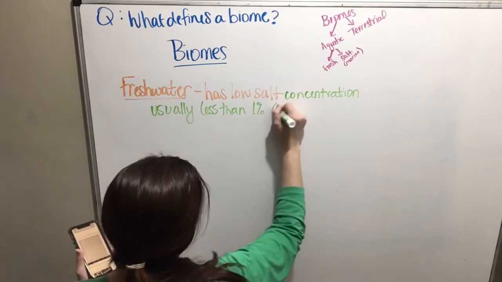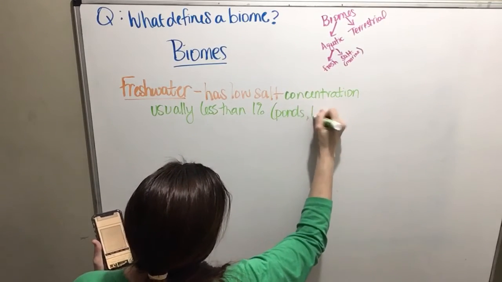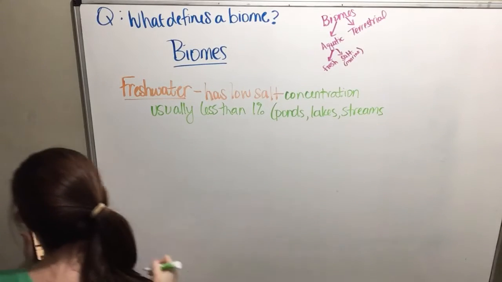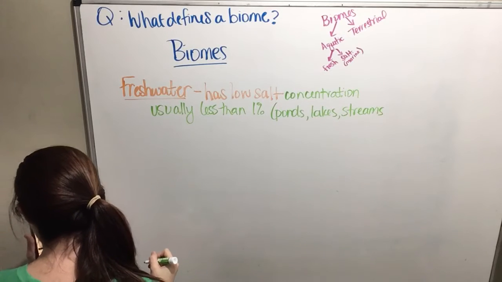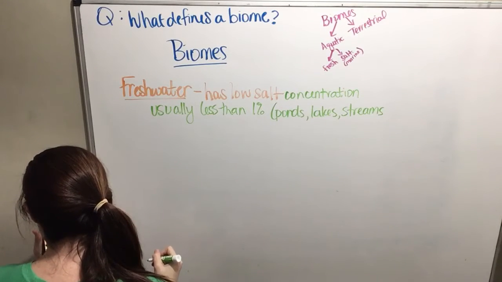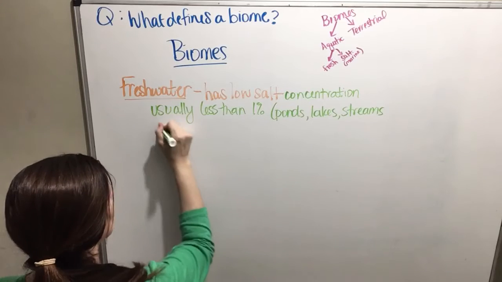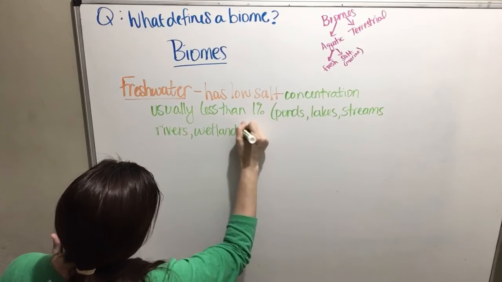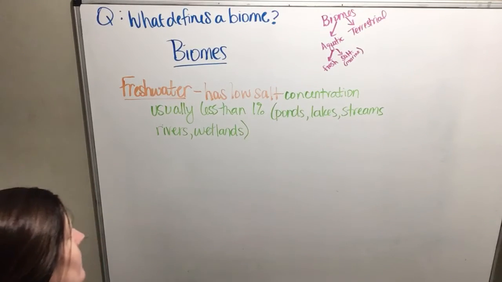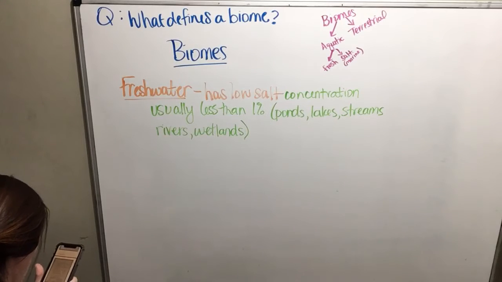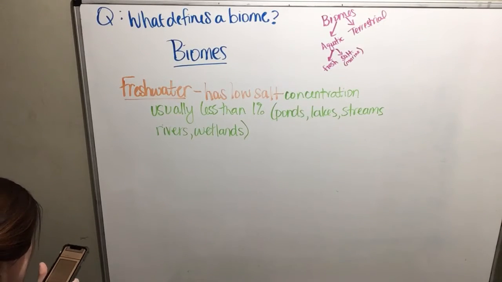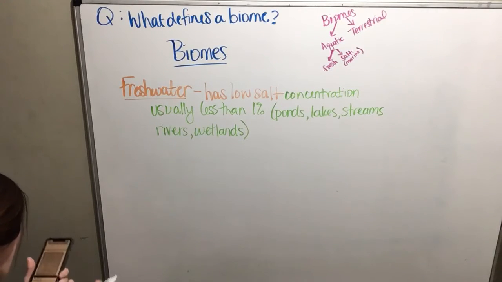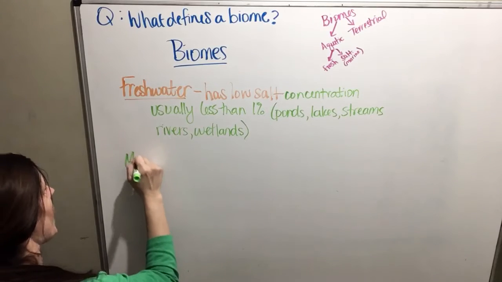And this includes ponds, lakes, streams, rivers, wetlands, etc. Okay? So those are your examples of aquatic freshwater biomes.